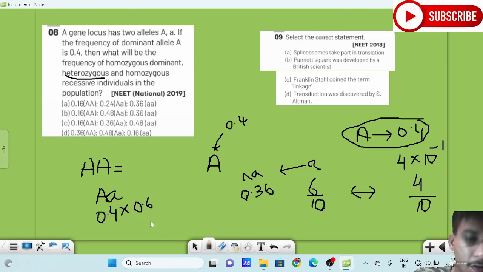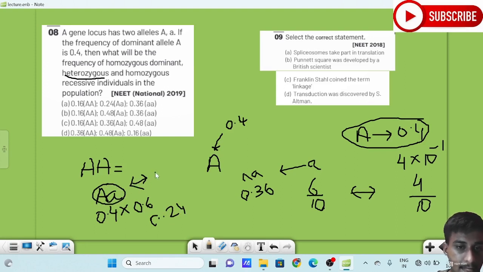So 0.24 is the frequency for this condition. We know that heterozygous can exist in this condition too, right? So there will be one addition, 0.24 also. So what will be the total? 0.48 is the total. I think you are getting it. So option number B is the right answer.